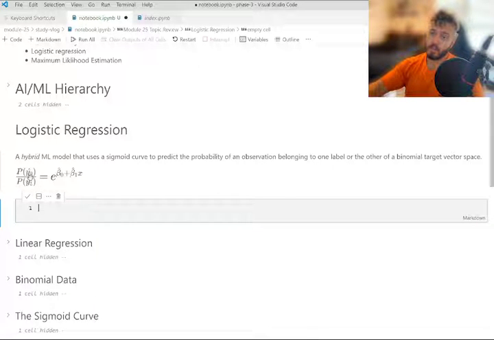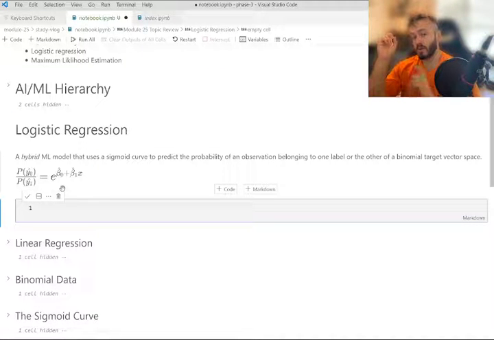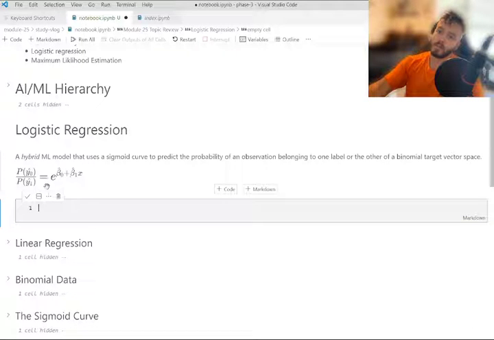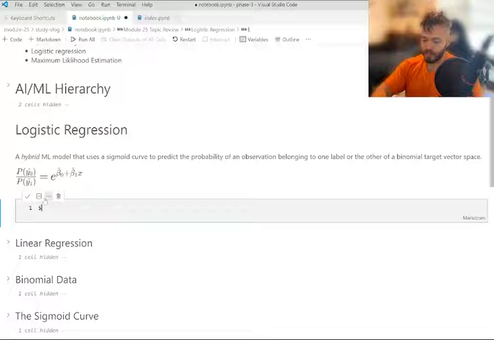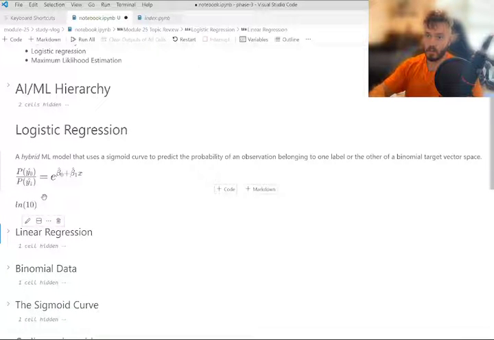If you have the probability of an observation belonging to one class, the probability that it belongs to the other one is the complement of that. We do that by taking the natural log of something. I'm just going to put in the number 10 here, but pretend that this 10 is the beta hat plus beta hat, and so on.